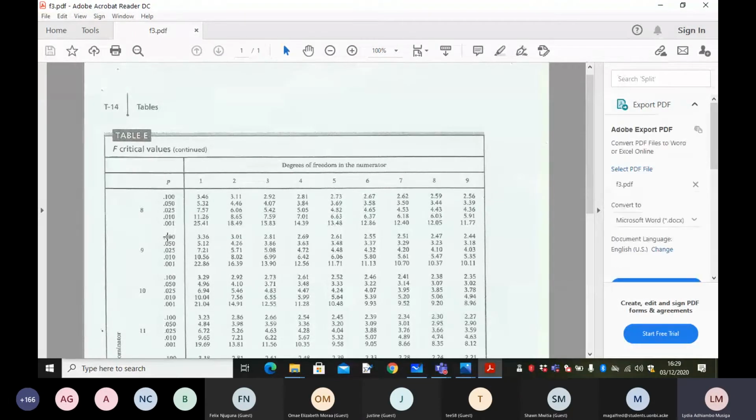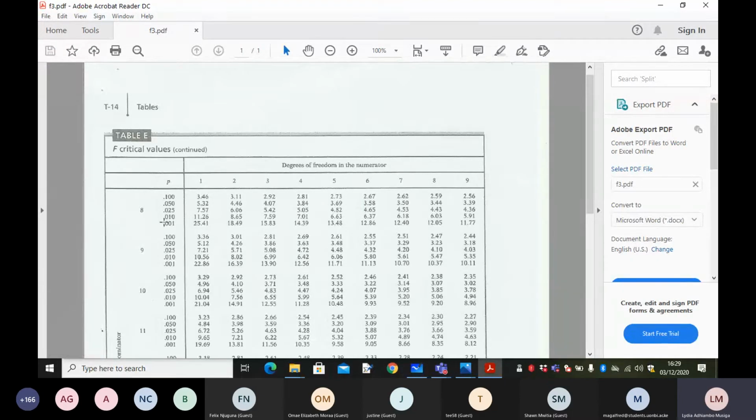So we were looking for F 0.05 with 9, 9 degrees of freedom. If we look at the top row, we can see 1, 2, up to 9. If we look at the first column, we can see 8, then 9, then 10, then 11.